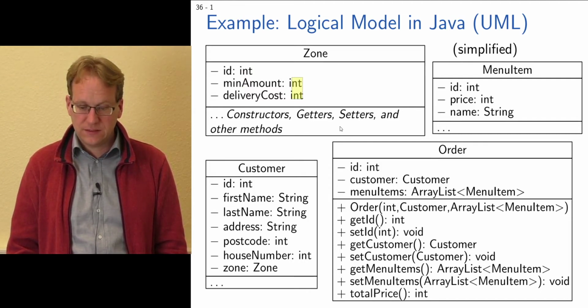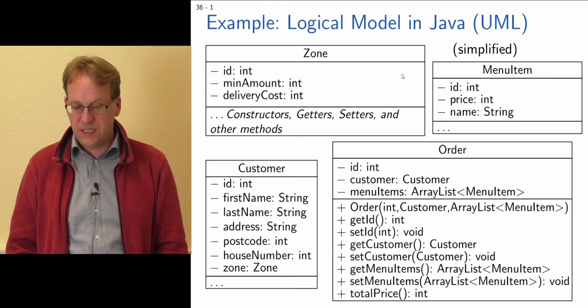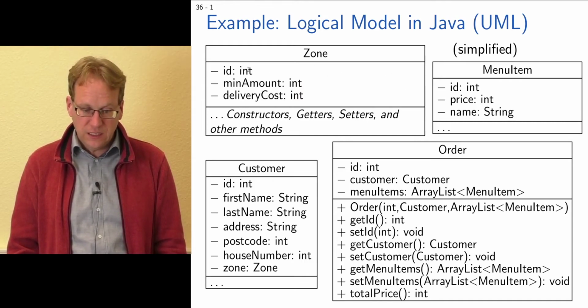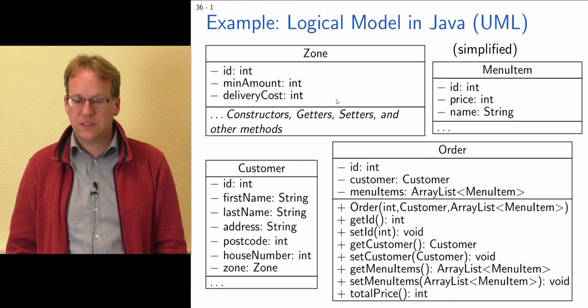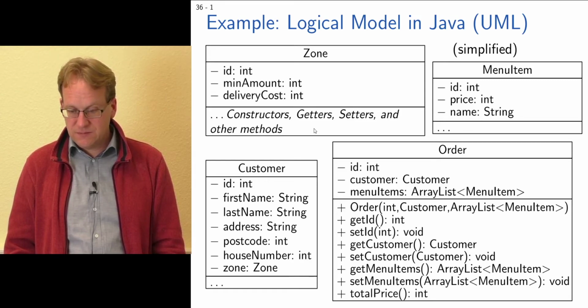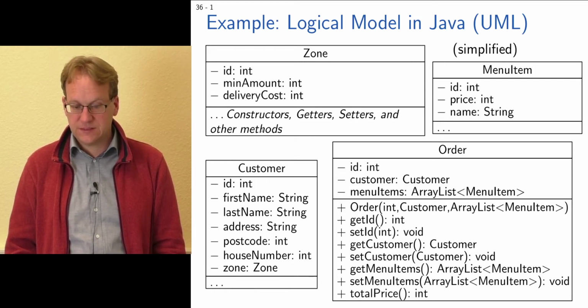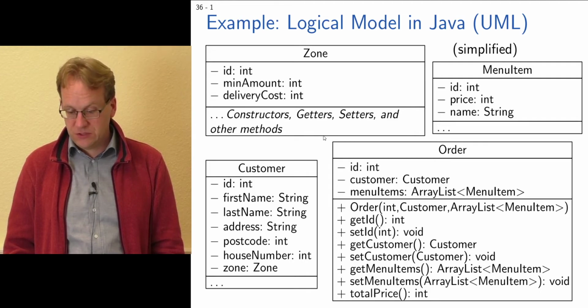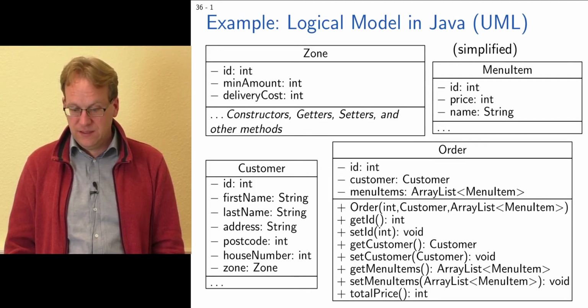So that is the difference compared to the UML diagram you've seen before. Here I'm using data types as they are defined and available in the Java programming language. And also what is different in this UML diagram, I have also methods. So I'm also showing which methods these classes have.